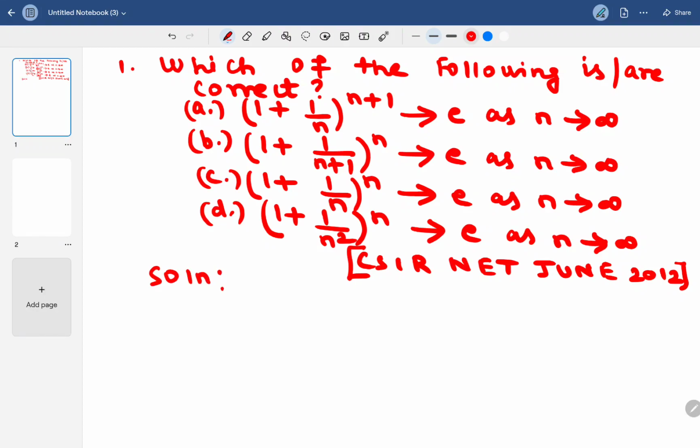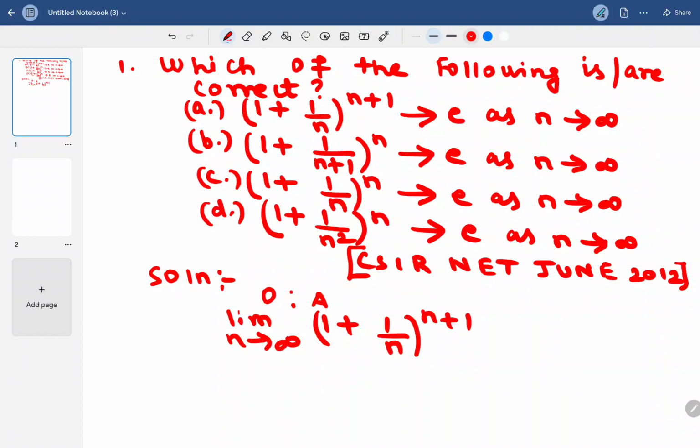Solution, option A. Limit n tends to infinity of (1 plus 1 by n) power n plus 1. As n tends to infinity, this 1 by n tends to 0. It is of the form 1 power infinity.